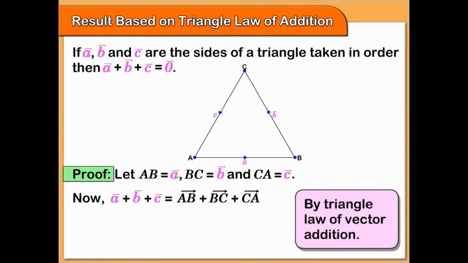Now, by triangle law of vector addition, vector AB plus vector BC is equal to vector AC. Thus, vector AC plus vector CA is equal to vector AA, which is a zero vector.